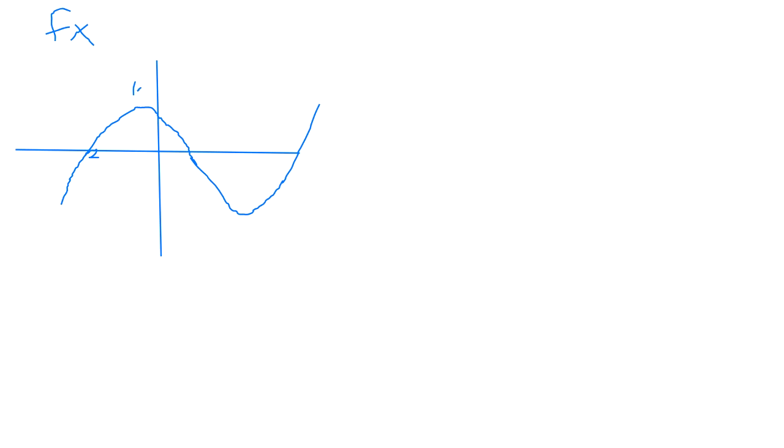I assume that I have a point A here. My point A is (2, 0). Then I have a turning point here. My turning point is the point B, which is (1, 4). Then I have a point here which is C.